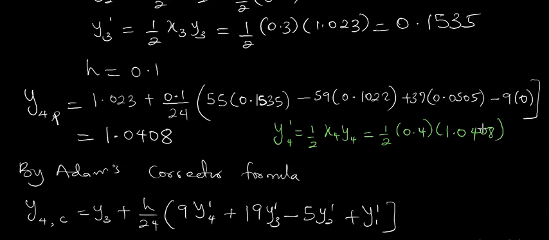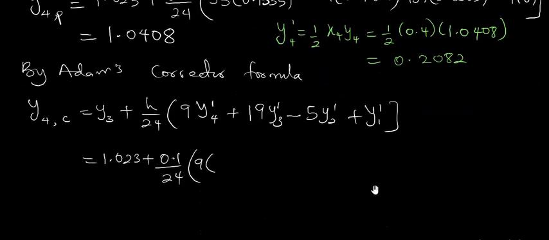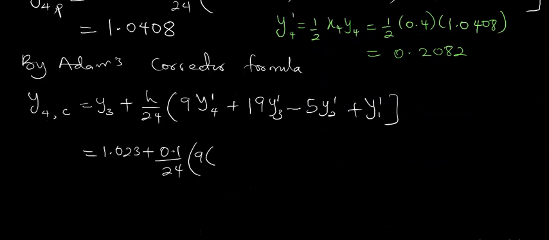Using my calculator, this actually gave me 0.2082. So that's what this is going to be. That's the essence of using the corrector to correct that.